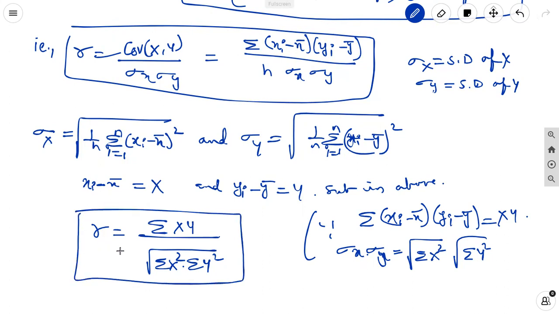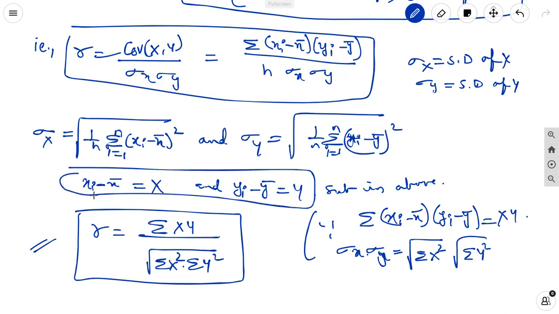Generally in the direct method we use small r equal to summation XY by under root of summation X square into summation Y square, but we should remember that xi minus x bar equal to capital X and yi minus y bar equal to capital Y. These are the definitions of the correlation coefficient and the covariance.